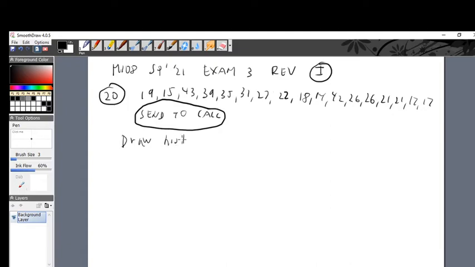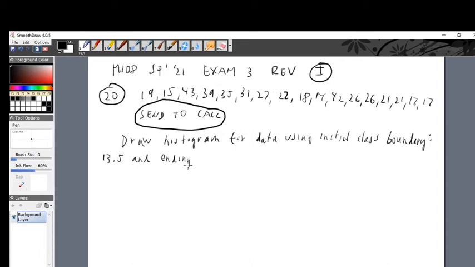Draw histogram for data using initial class boundary 13.5 and ending class boundary is 48.5 with 5 classes of equal width.